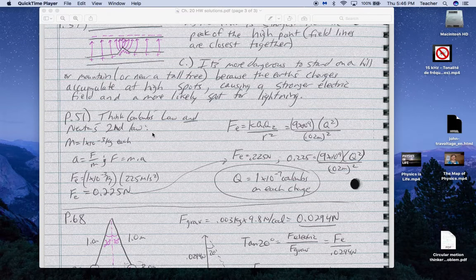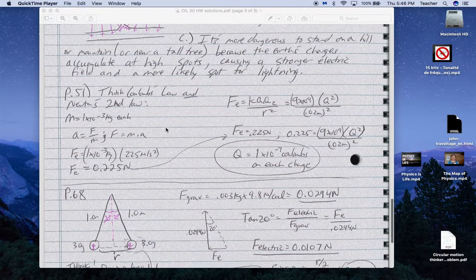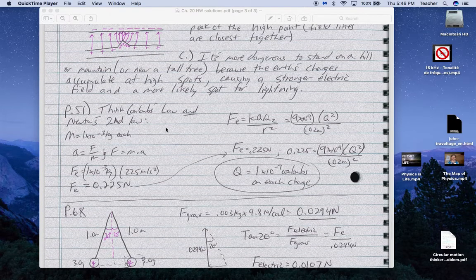For P51, we want to think both of Coulomb's law and Newton's second law. I didn't draw a picture for this. Dang it. It's giving an acceleration for an object with a known mass, which is 1 gram.